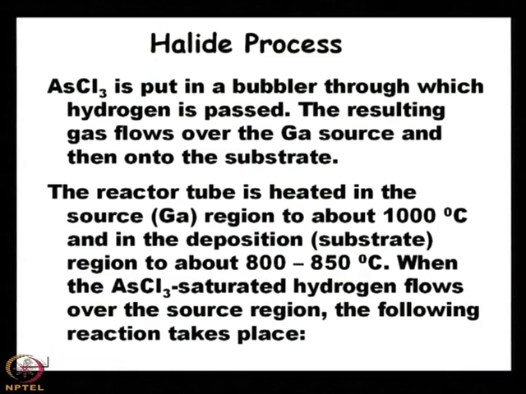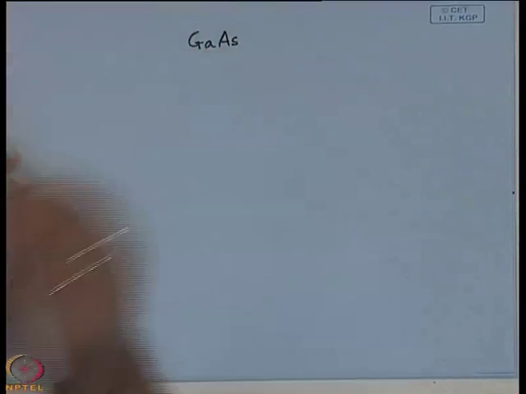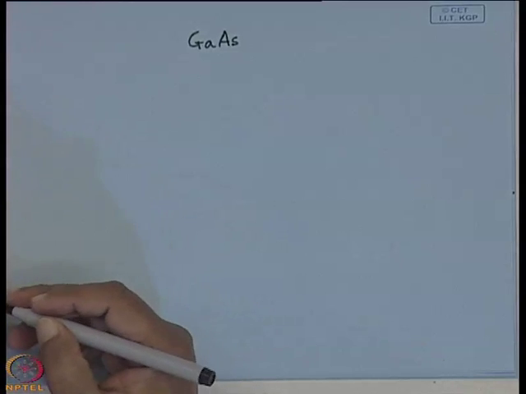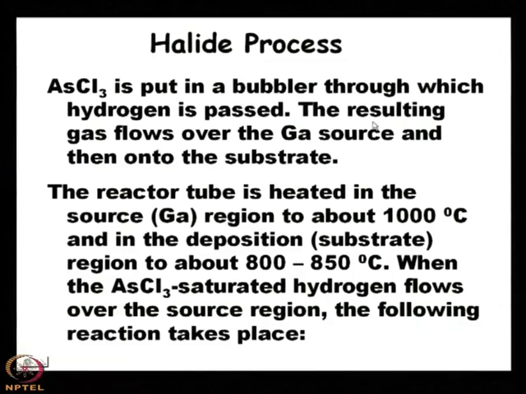Now, if you see the halide process, say for growth of gallium arsenide, AsCl3 is put in a bubbler through which hydrogen is passed.